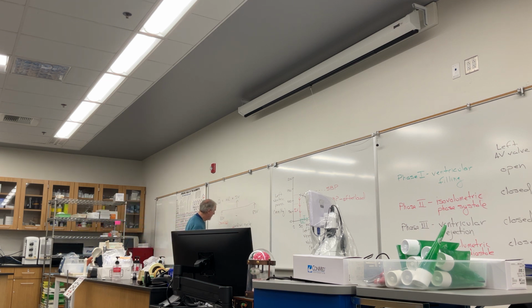Time out. Shame on me. Try that again. 120 milliliters of blood. That's our textbook value for end diastolic volume. Our textbook value for end systolic volume is 50 milliliters of blood.